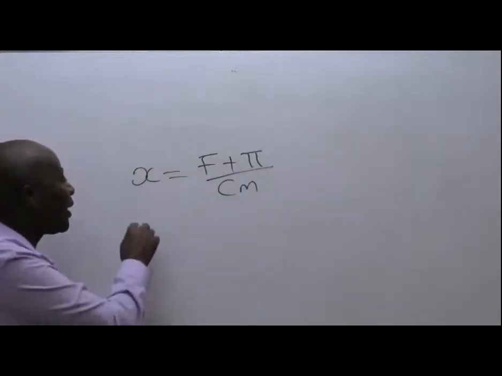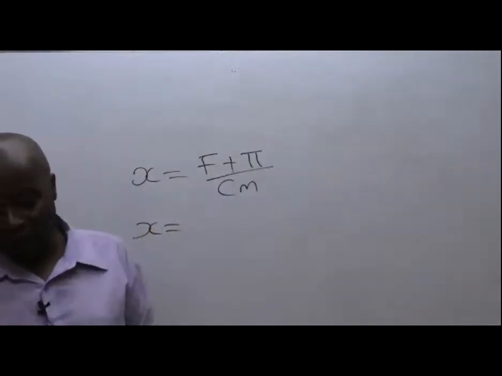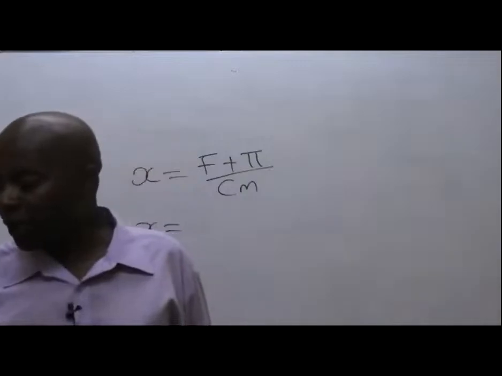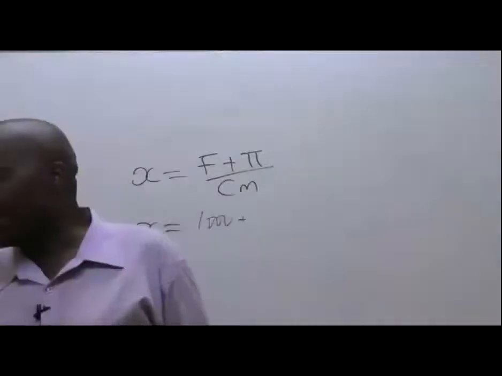In this case, the fixed cost is 1,000, and the profit they are aiming to get is 300.